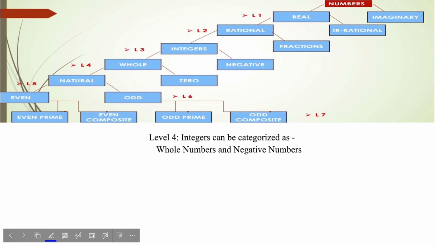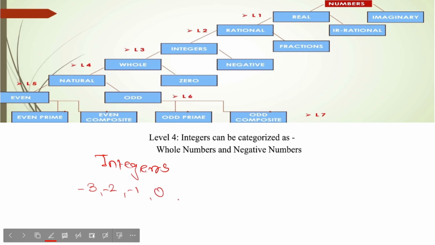What is level 4 and why are we getting level 4? Level 4 is nothing but the integers being categorized into whole and negative numbers. Friends, just now we discussed that integers can be a standalone value. It can be a minus, that is a negative number, -3, -2, -1.